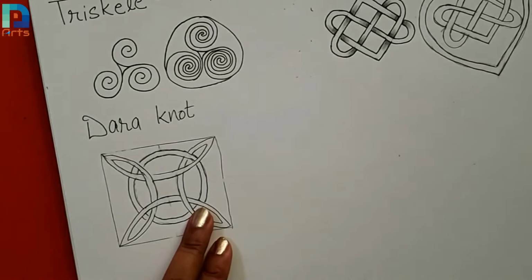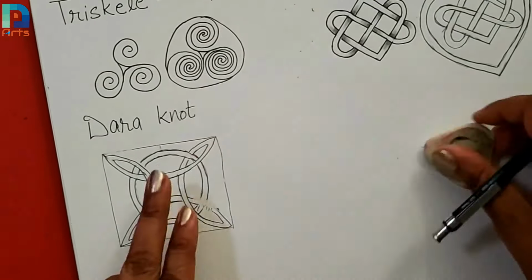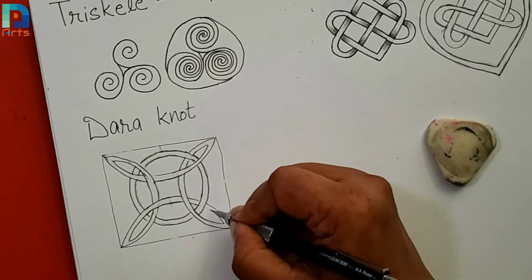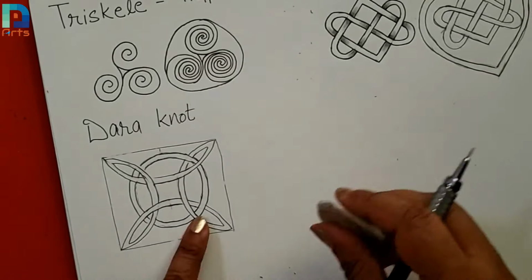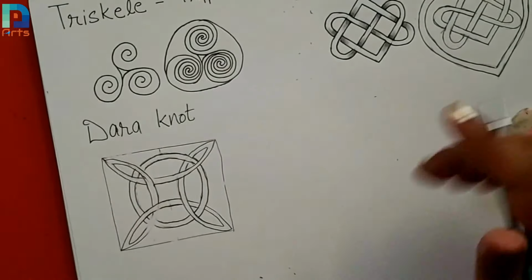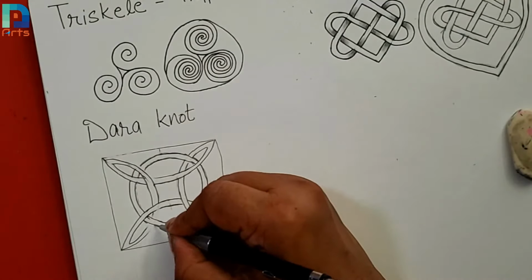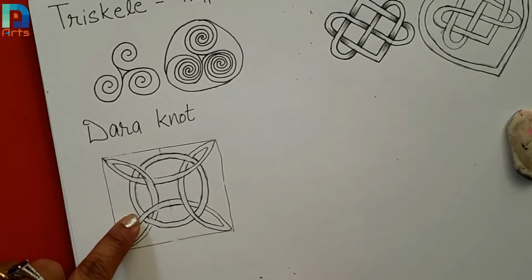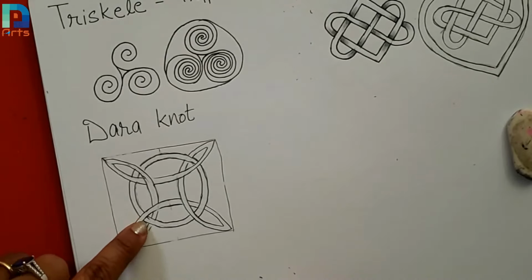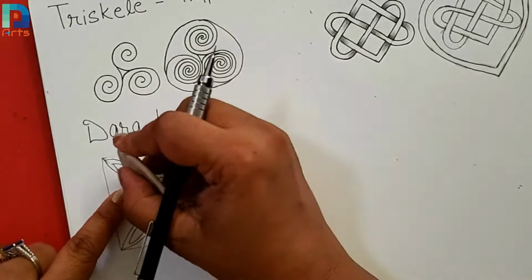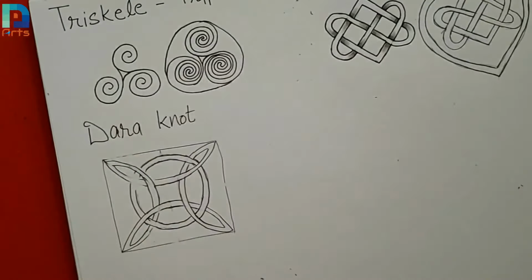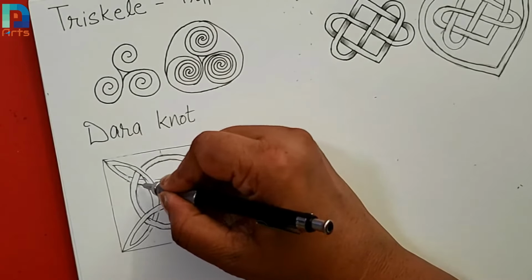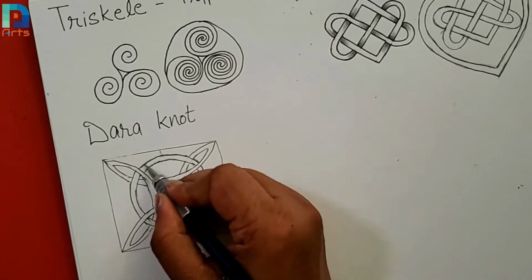So now again here it will go over this one part, and already it is under the other one, over this one part, and under here, and then again it will go over here, and under here.